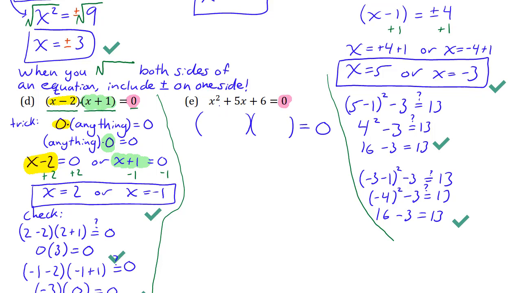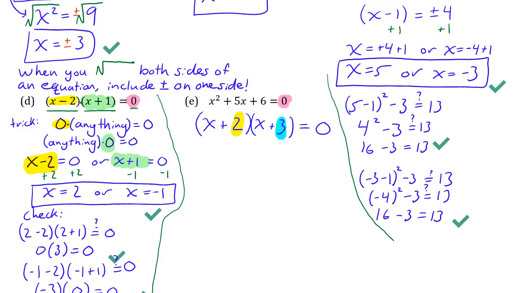We're going to get, let's see, x times x is going to make x squared. Whatever goes here and here needs to multiply to make 6. And these two numbers, when you FOIL it out, you're going to get the yellow 1 times x plus the blue 1 times x. They need to add up to 5x. So they need to add up to 5 and multiply to make 6. What will work is 2 and 3.